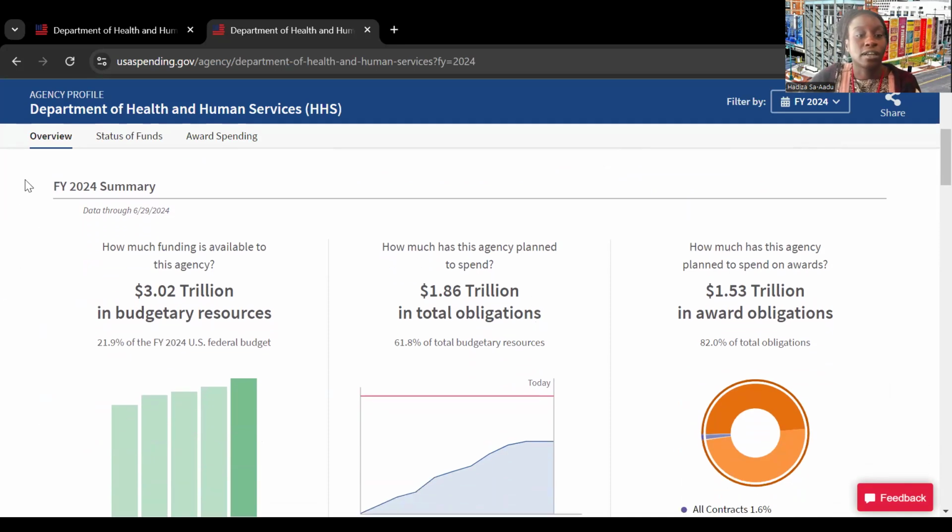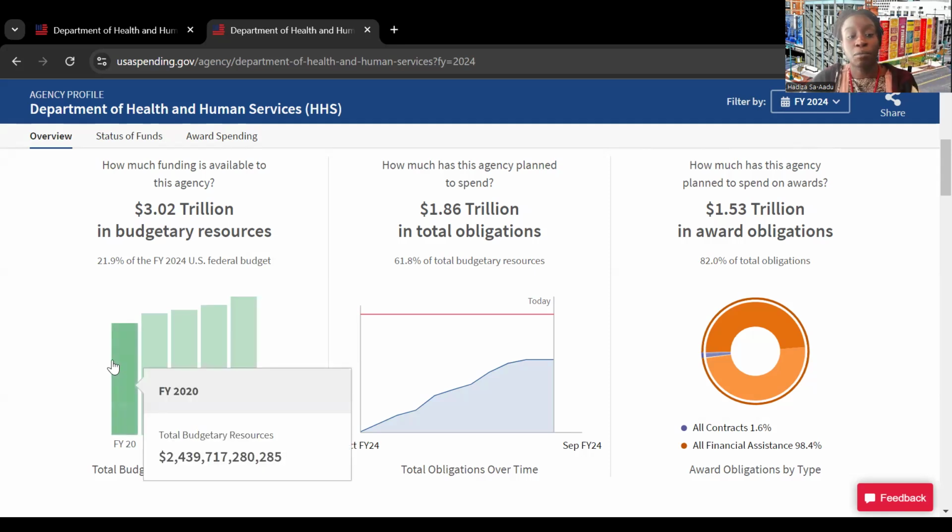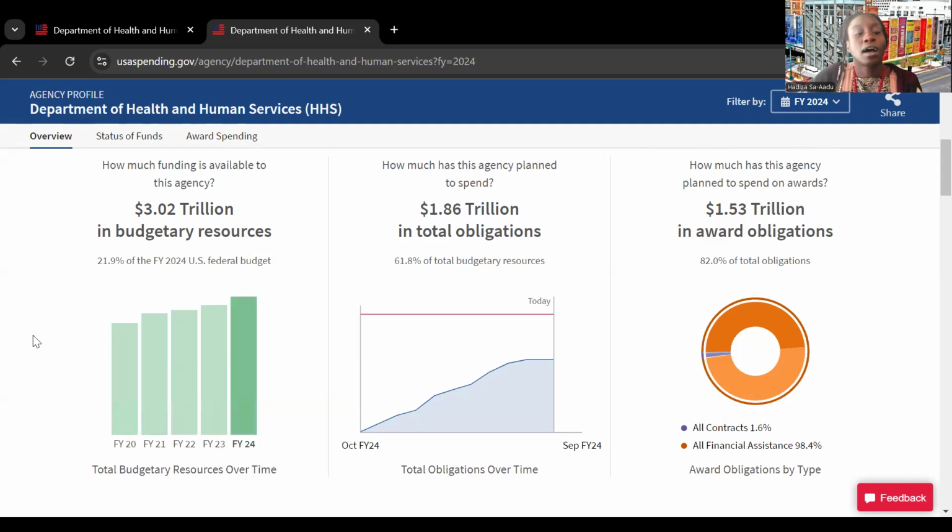All right. How much funding is available to this agency? We've got 3.02 trillion in budgetary resources, and we see the change over time. So we don't necessarily even have to go into the Data Explorer to manually select the fiscal year filters unless we're trying to look prior to fiscal year 20.